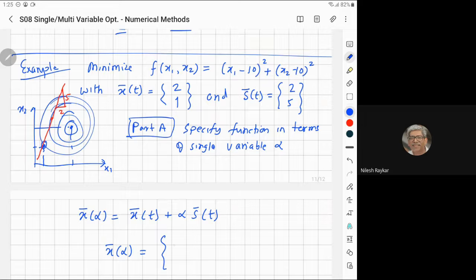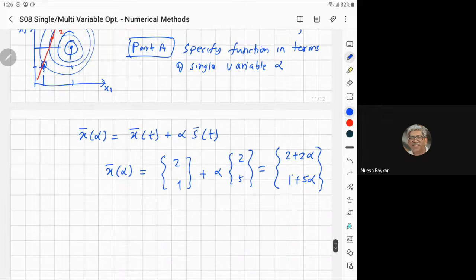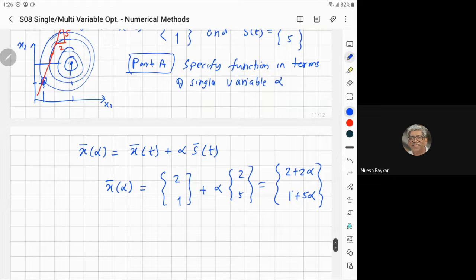So x is (2, 1) plus alpha times (2, 5). What we got here is, instead of x1 and x2, two expressions in the new variable: this is corresponding to x1 and this is corresponding to x2.